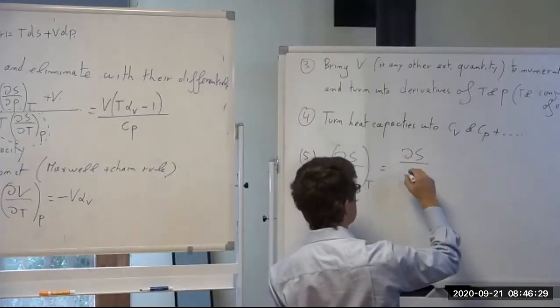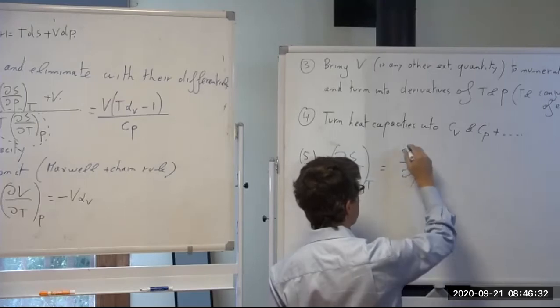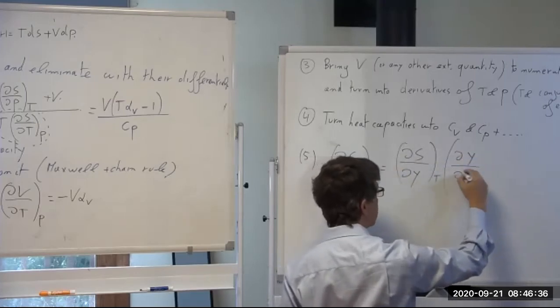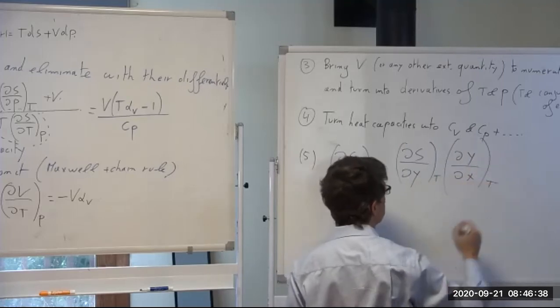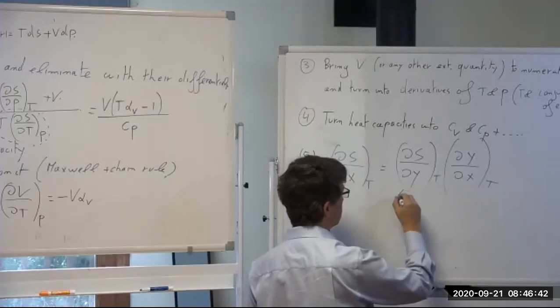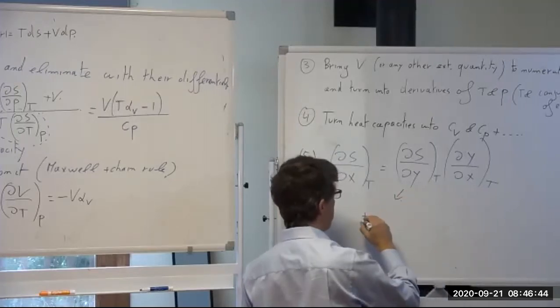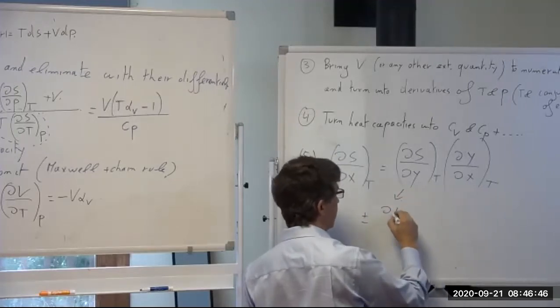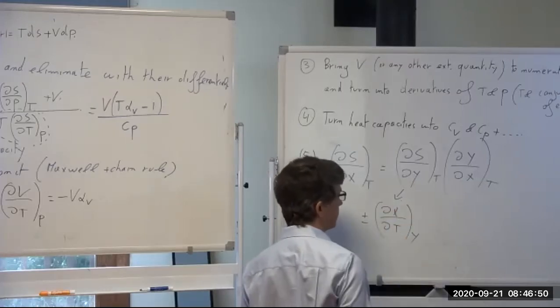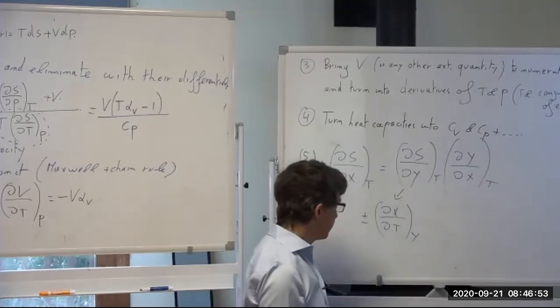So you get dS/dY at constant T times dY/dX at constant T. And why is that? Because this will transform by Maxwell into dX/dT at constant Y. So imagine X is any extensive quantity.